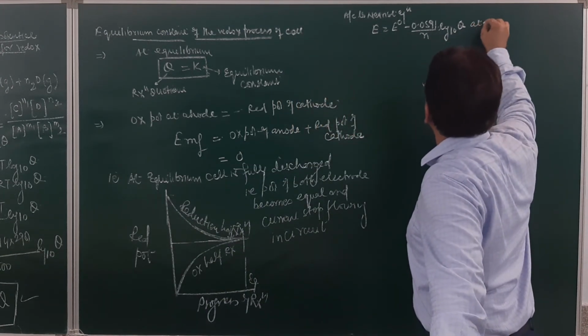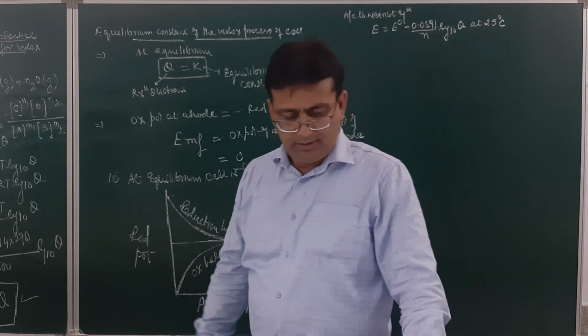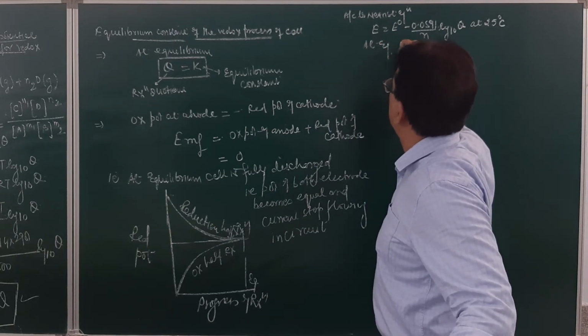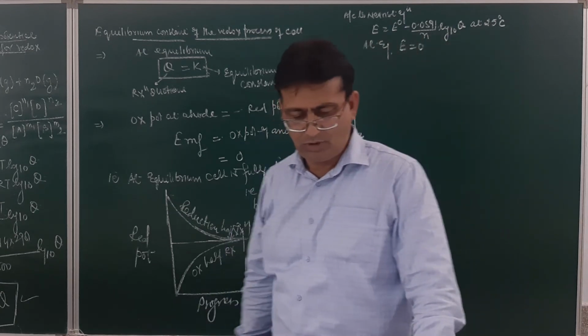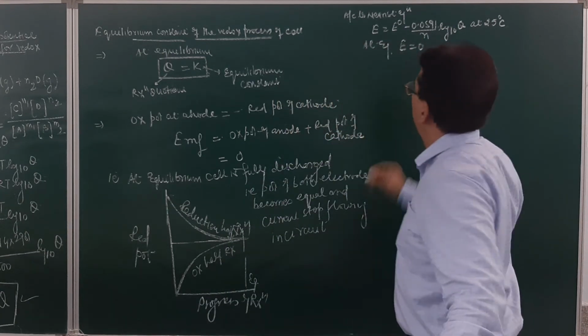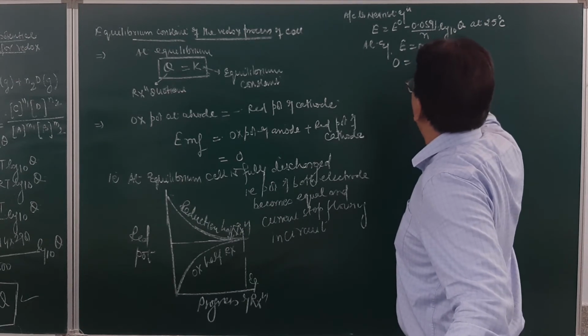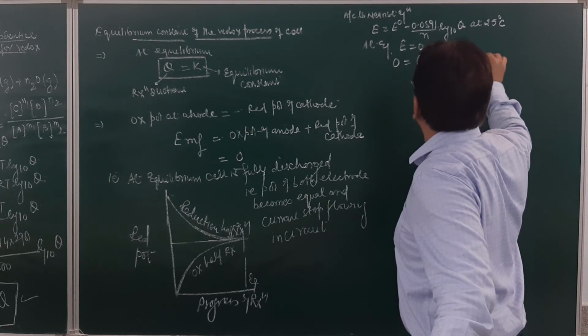At 25 degrees C. Now at equilibrium, E will be equal to 0. Yes or not? So the equation will be modified to 0 equals E naught minus 0.0591 upon n log base 10.